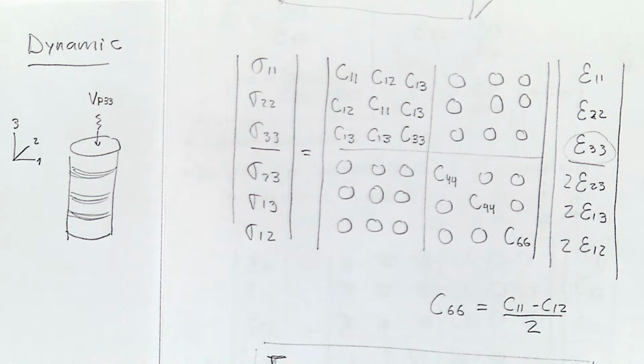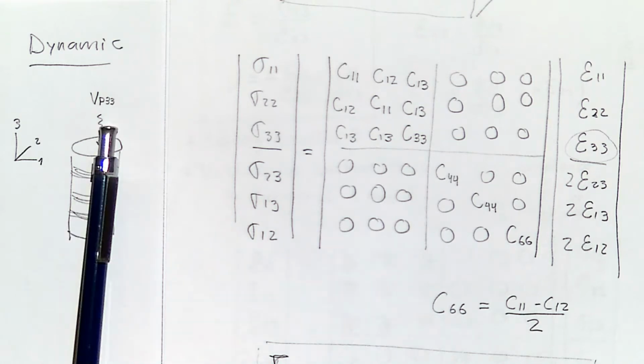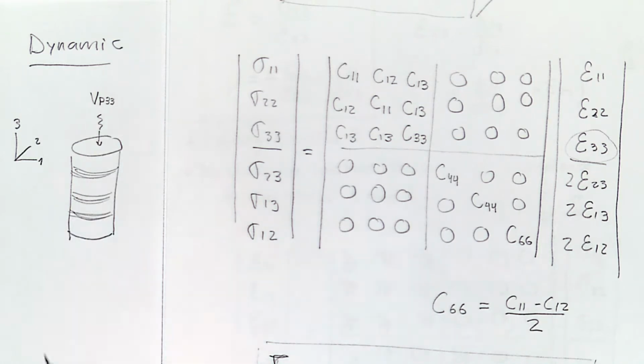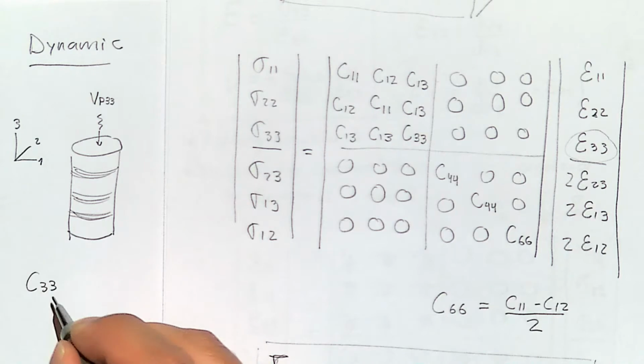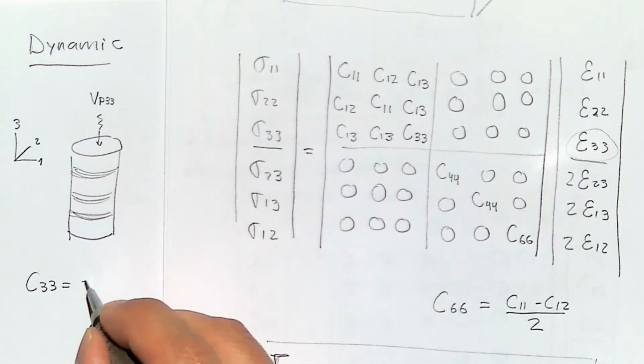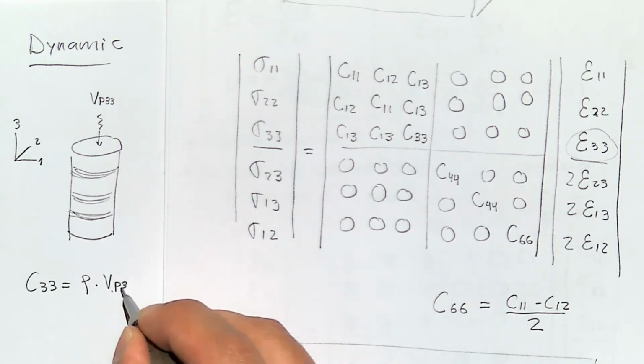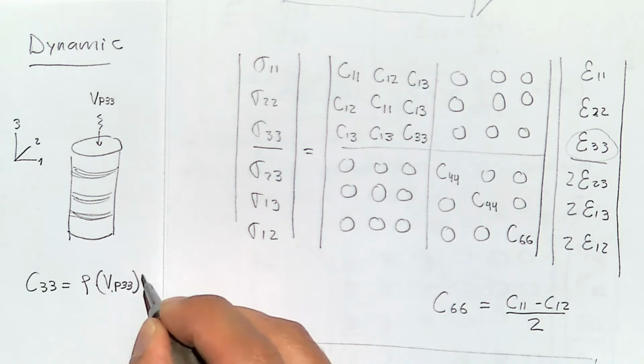See? C33. So if I measure this P wave velocity, this is going to give me directly C33. And C33 is going to be the density of the rock times VP33 squared.